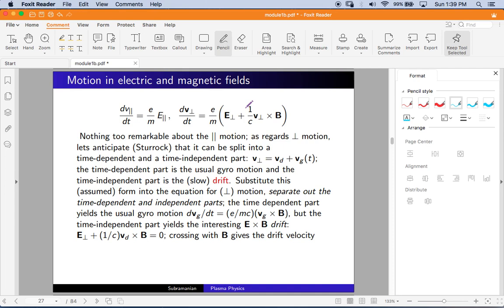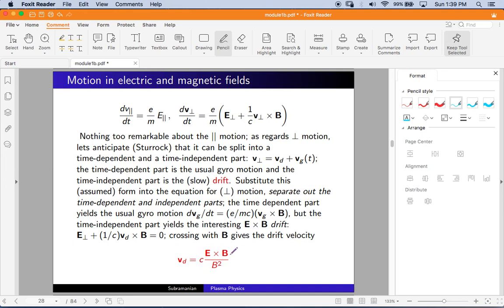Right. So this is the interesting drift velocity, from crossing. Now what you do is you cross this entire equation with B. You cross the entire equation with B. And you do the vector algebra carefully, and you get that the drift velocity is perpendicular to both the direction of E as well as B, and it goes like this.